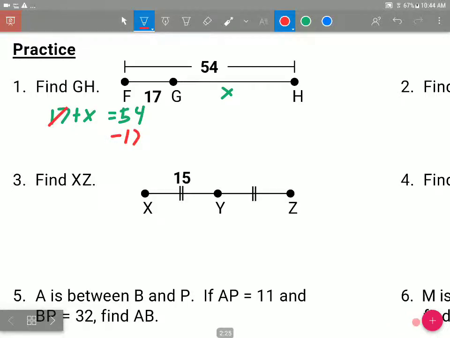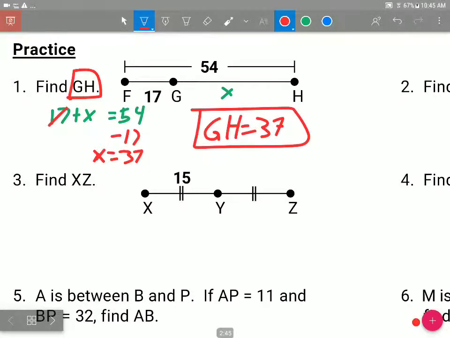In this case, X equals 37. Which actually, they asked for the measure of GH, not X. So we could say GH equals 37, because 54 minus 7 is 47, minus 10 is 37.